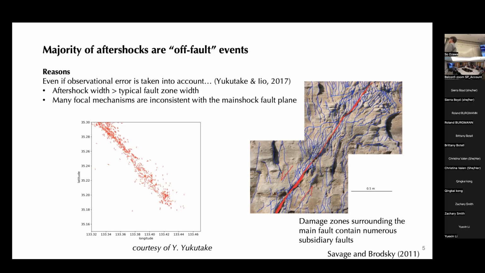So it's very easy to imagine that many aftershocks are happening on these blue faults, not the red main fault.